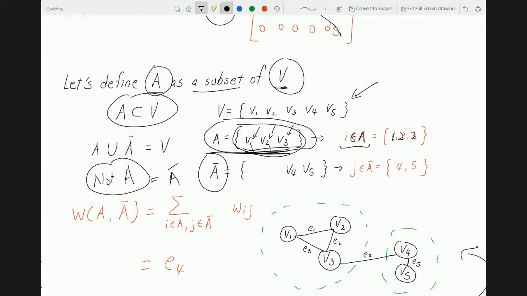Notice there's 1, 2, 3 here. And if we do j an element of not A, we get 4, 5. So you want to make this distinction between a subset of V, and i with an index which belongs to A, so just the indices 1, 2, 3.